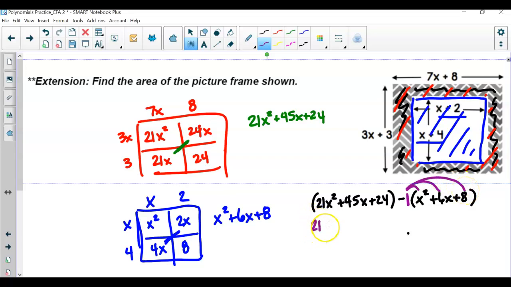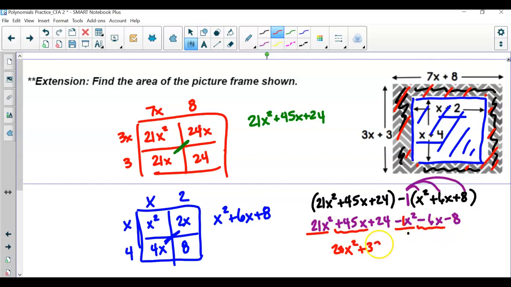So really, we are combining 21x squared plus 45x plus 24, but with minus that 1x squared, but now minus 6x minus 8. So here you've got 21x squared minus 1x squared, which is 20x squared. Then 45x minus 6x is now positive, so plus 39x. Then 24, but minus 8, which is 16.